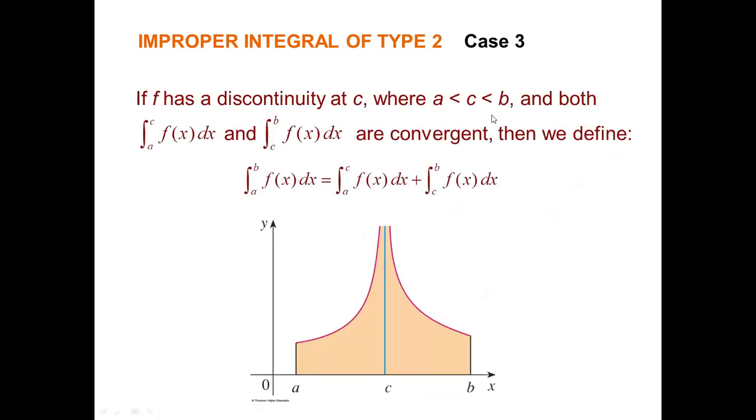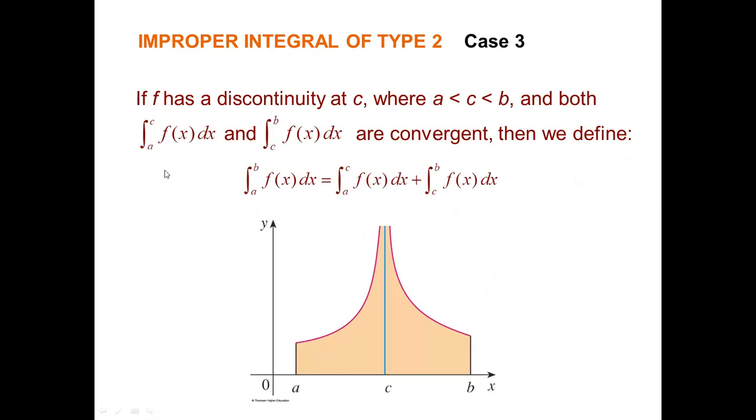Now, we have case 3. If f has a discontinuity at c, where c is in between a and b. Why do I say it's in between a and b? Because this c is greater than a but is less than b.